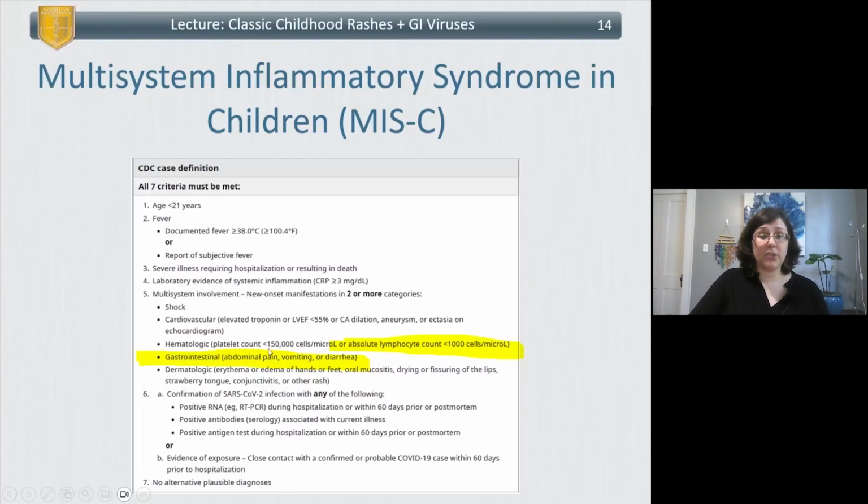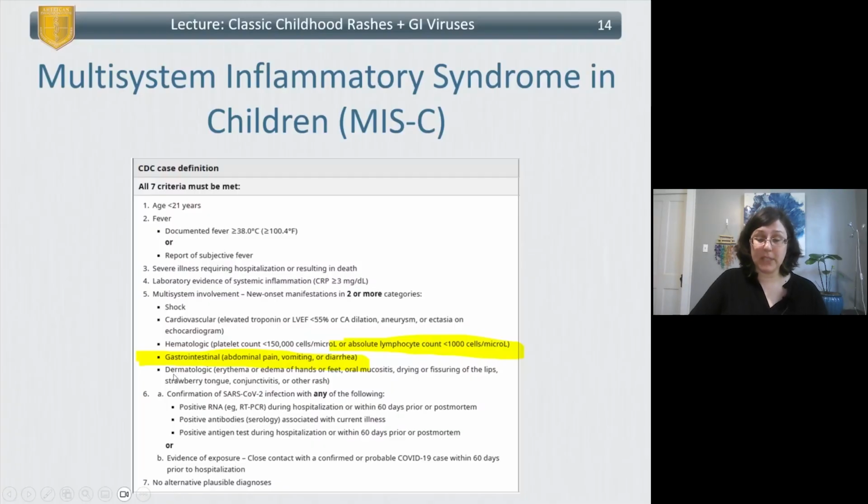Hematologic, which includes low platelet count, so a thrombocytopenia, and then importantly, an absolute lymphocyte count less than 1,000. This is a classic presentation in MIS-C, an absolute lymphopenia. I think almost all the cases of MIS-C I saw had an absolute lymphopenia.